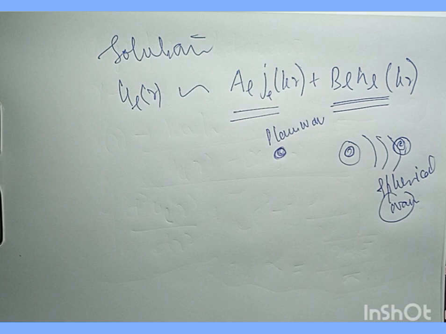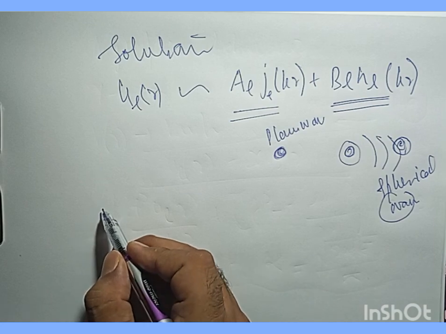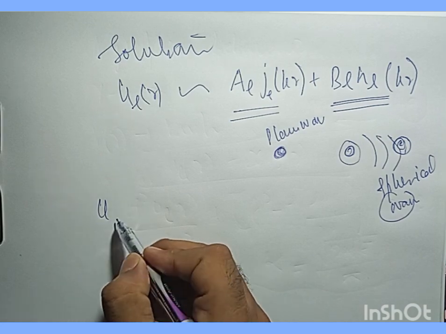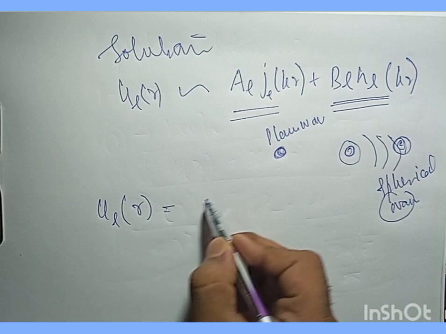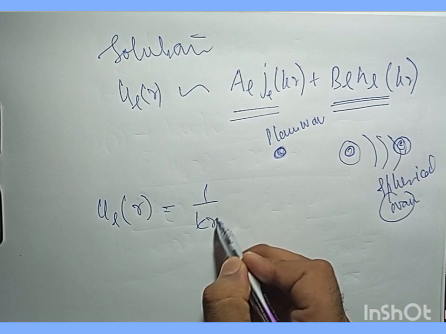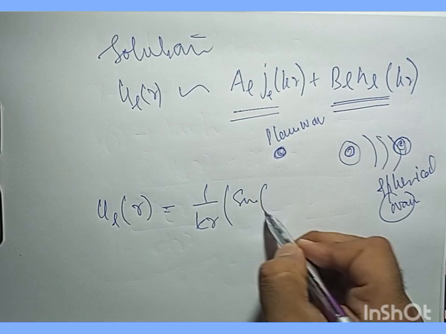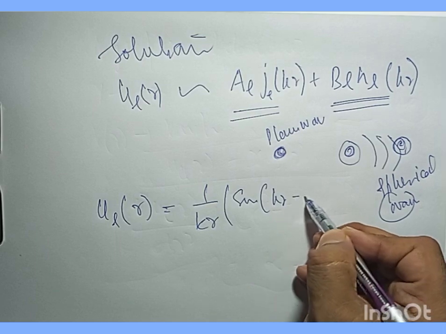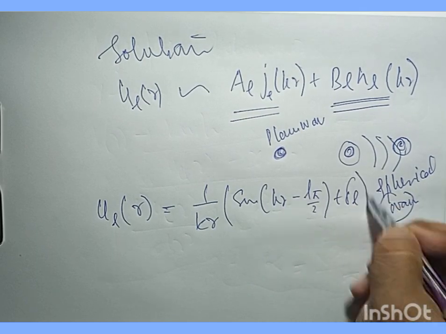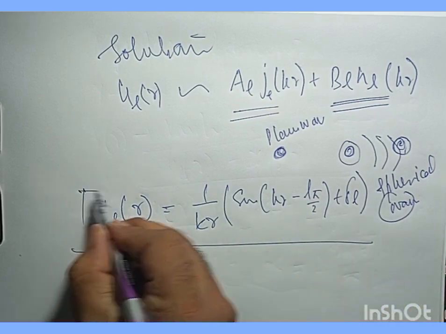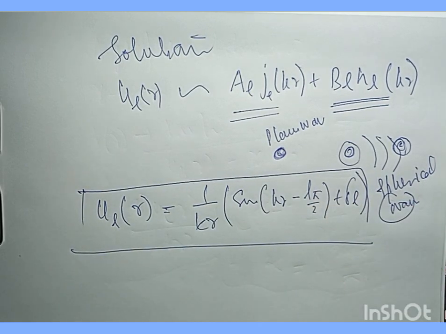And the asymptotic form of this radial wave function, at large distances, you can approximate for the sake of understanding as 1 by kr sine of kr minus L pi by 2 plus delta L. So we are interested in the physics of our problem.